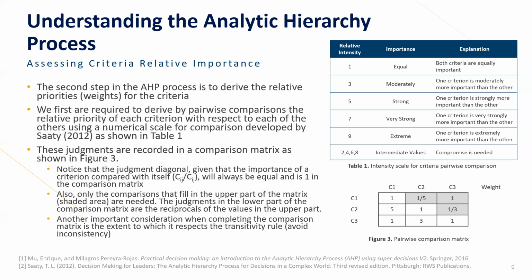That's the first step: compare and give the score to the criteria. I hope everyone is already okay with this. Any question first before we go to the next step? No? Okay.